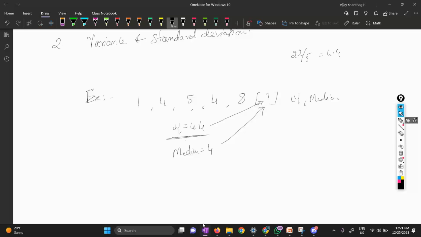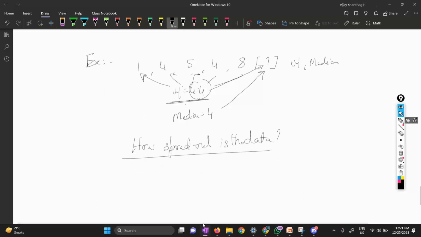We still have another question: how spread out is the data? The number gives you the central value, but it doesn't tell me how each number is spread out from this central value. We have not computed a quantity which gives us a feeling for how this spread is happening.